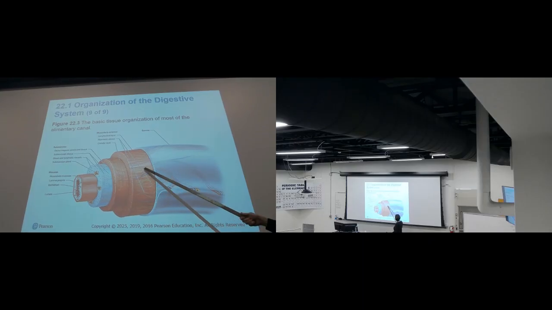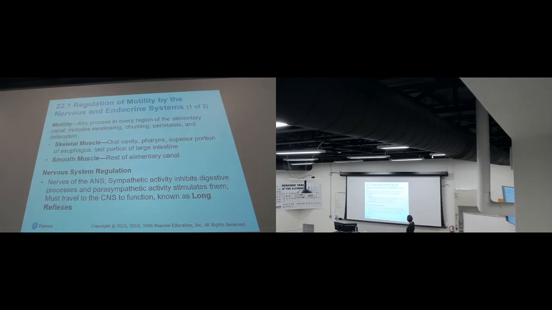Then we have the serosa, which is in the intraperitoneal cavity, and if it's outside, like the esophagus in the thoracic cavity, it will be adventitia. So this is connective tissue. The regulation of motility is given by the nervous system and the endocrine system.